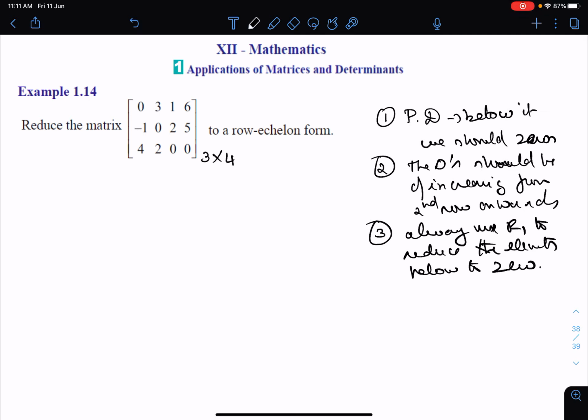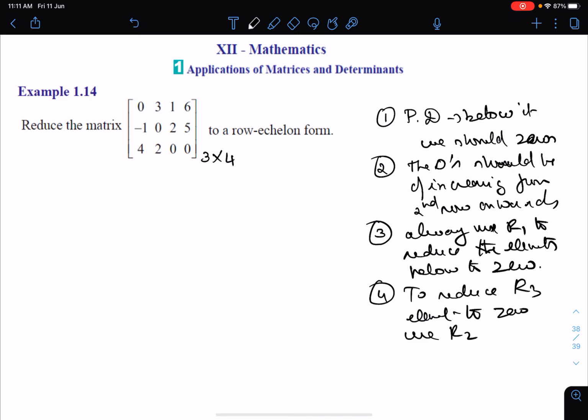And for the final step, to reduce the R3 element to 0, use R2. So if you remember these 4 steps, it will be easy for you to get the row echelon form. As you practice, this will come easily.